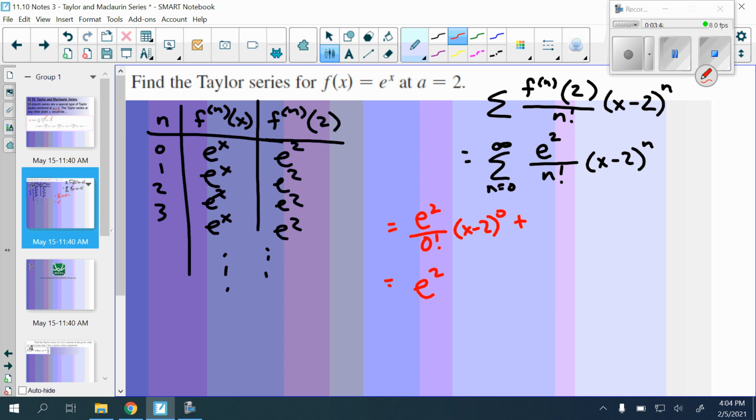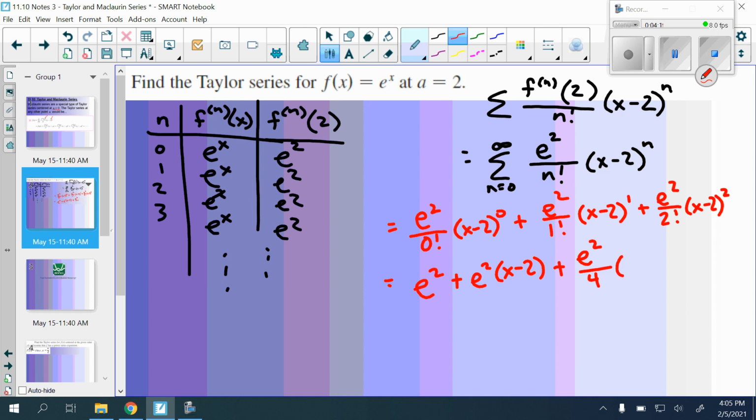All right, let's find the next term. Now it would be e squared over 1 factorial, and x minus 2 to the first power. Well, 1 factorial is 1, so we'd get e squared times x minus 2. Let's figure out the next term. Now we get e squared over 2 factorial, x minus 2 squared. 2 factorial would be 2, since 2 times 1 is 2.